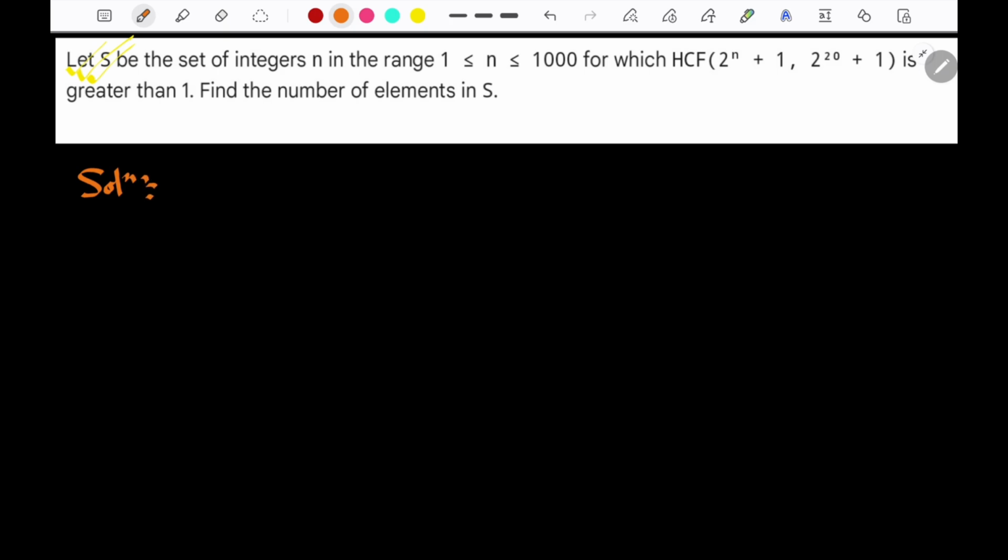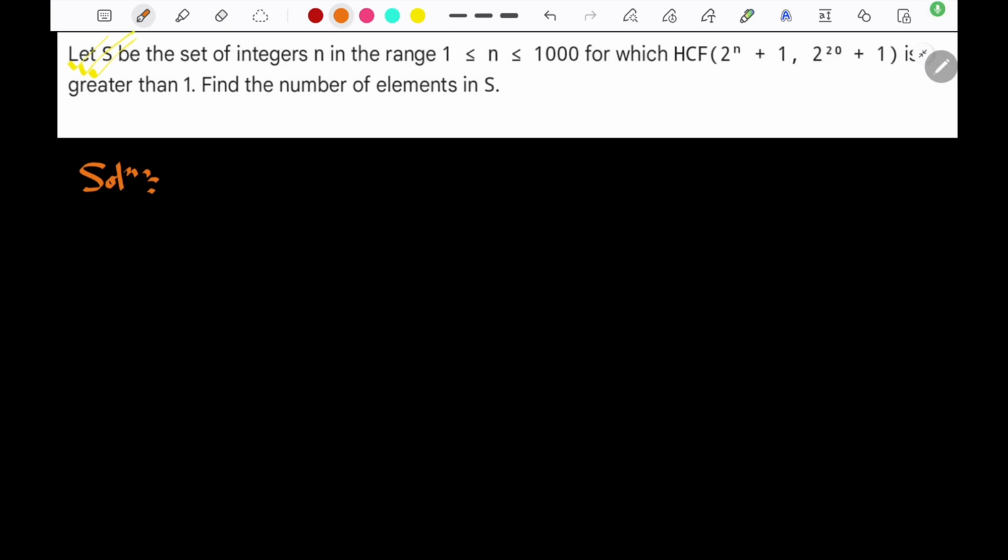What is the strategy? Now we are given some numbers, 2 to the power n plus 1 and 2 to the power 20 plus 1. But the range of n is already given, that it lies from 1 to 1000. And it is being said that HCF is not 1. What is the number of elements?